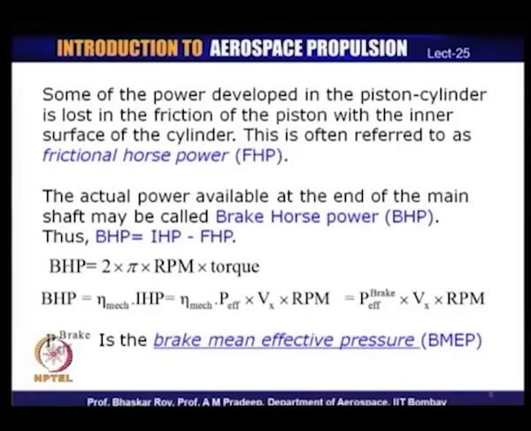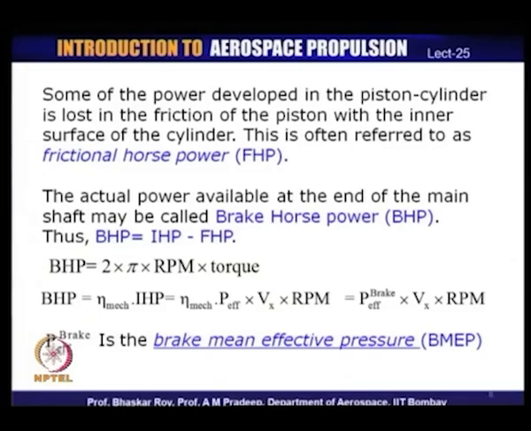Now, some of the power that is developed in the piston cylinder is actually lost in friction between the piston and the inner surface of the cylinder. This is often referred to as frictional horsepower, and this is a continuous affair. This is going on during all the strokes of the piston.